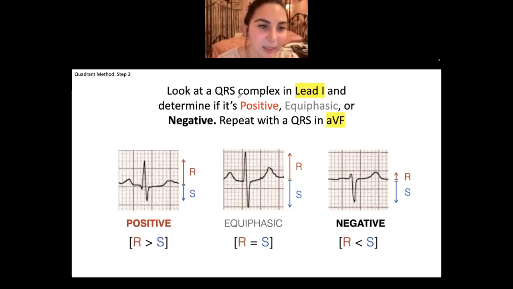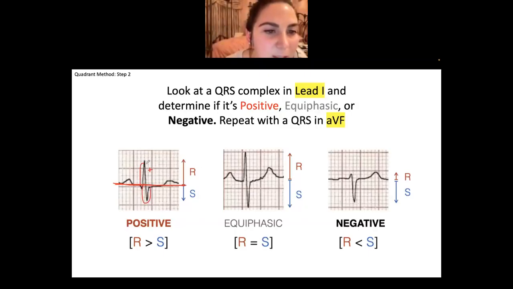Next, what you want to do is look at the QRS complex in lead 1 and then in lead AVF. And then you want to determine, is it positive, negative, or equiphasic? So what that means is, if you were to draw a line splitting the QRS complex along the normal baseline, is it more above that line, or more below that line, or are they equidistant?